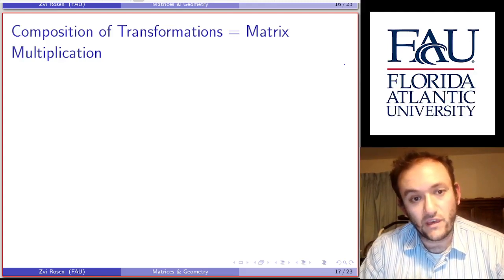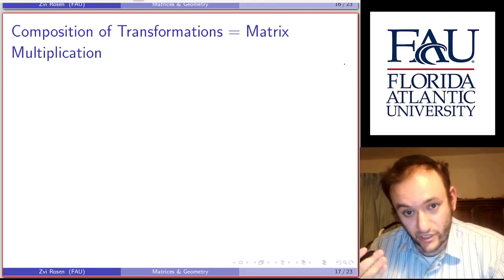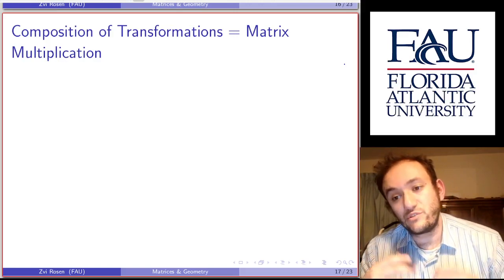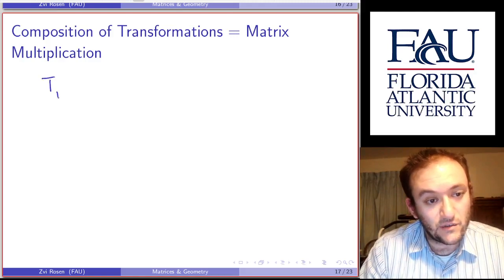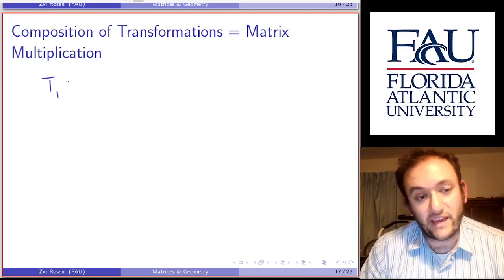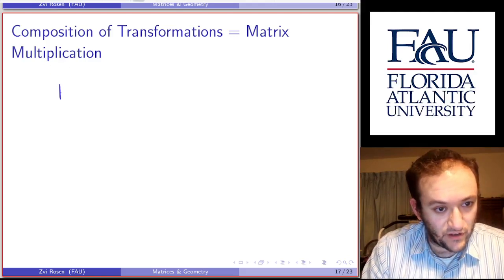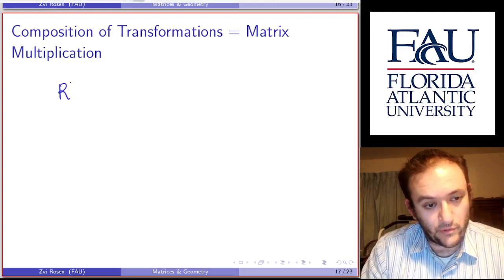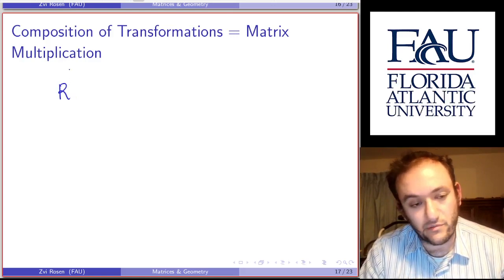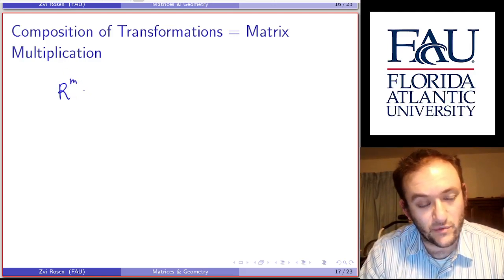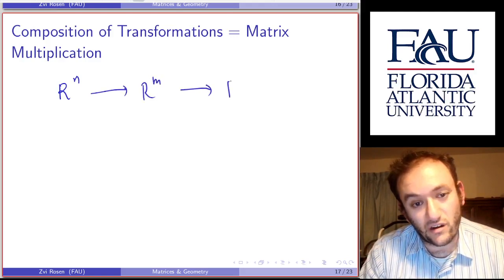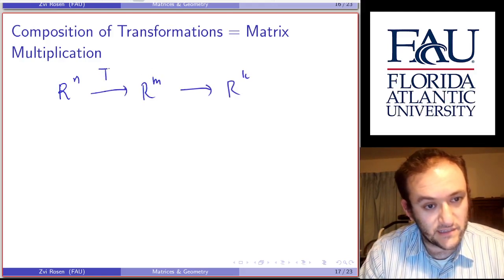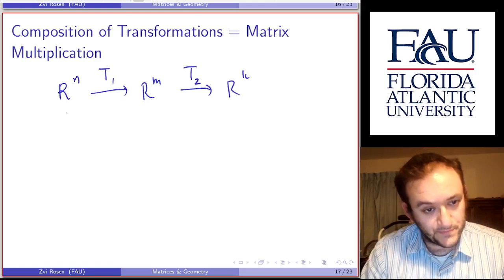We've spoken about how these transformations have geometric interpretations, but what if we want to do a few different geometric things in a row? So if we want to take T1 and apply it to a vector. We've been talking about R2 to R2 and R3 to R3, but you can also map to different spaces. Let's say Rn maps to Rm, which maps to Rk, and let's say this is T1 and this is T2.